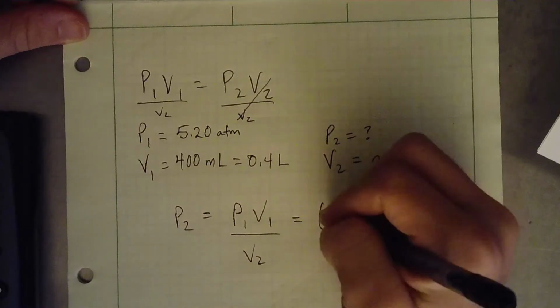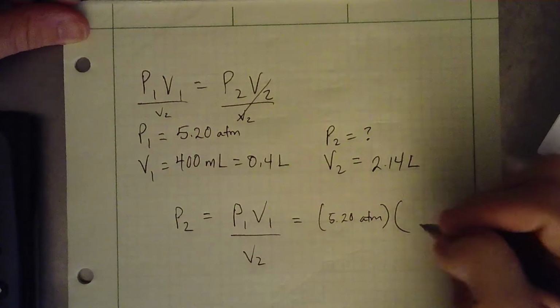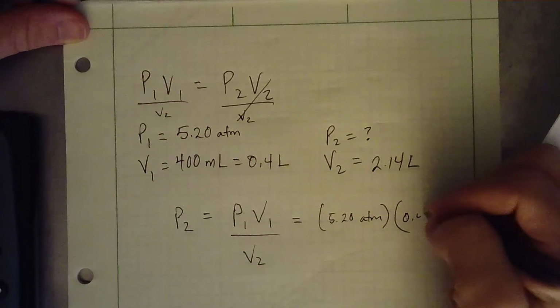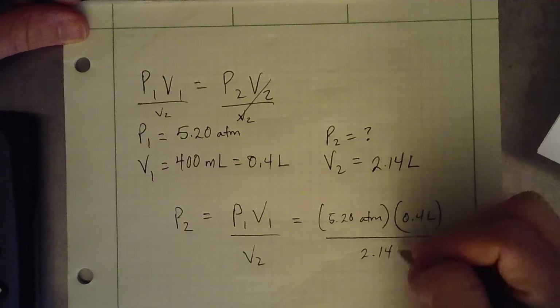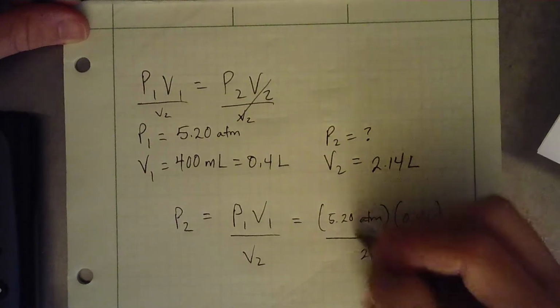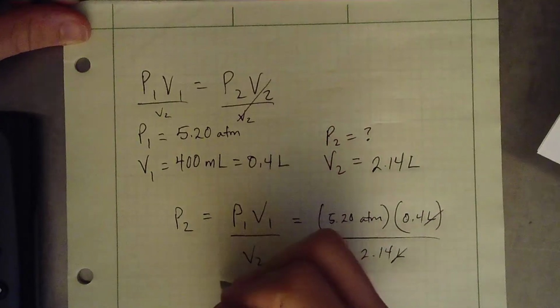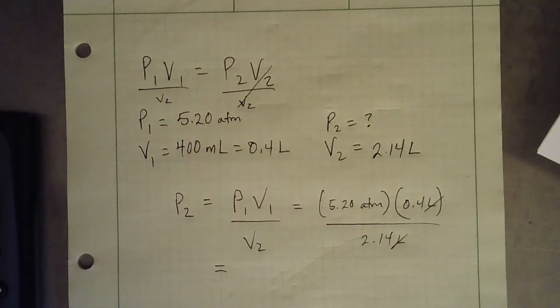And so this is going to be 5.20 atmospheres times 0.4 liters divided by 2.14 liters. Notice how the units here will cancel, and so you end up with units of atmospheres, right? And so my answer, if I get my calculator out here, 5.2 times 0.4 divided by 2.14.